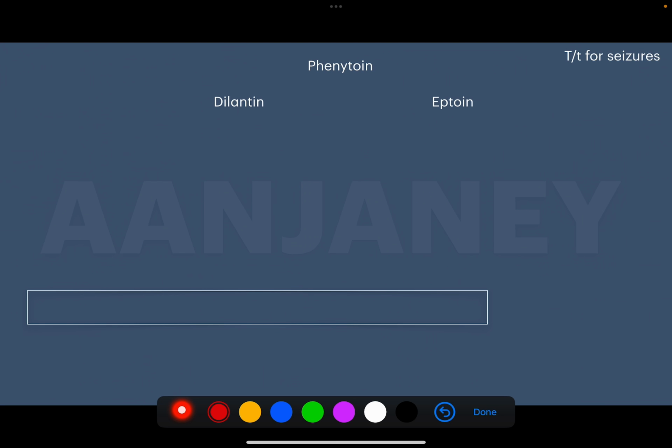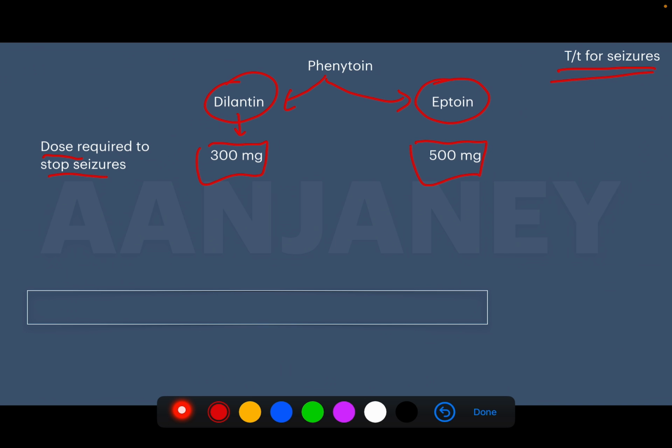See, phenytoin is given for the treatment of seizures, and we have many brands of phenytoin. These are the two brands. You don't need to learn the names, just concentrate on the example. Let's say for brand A, the dose required to stop seizures is 300 milligram, and for the other brand it is 500 milligram.